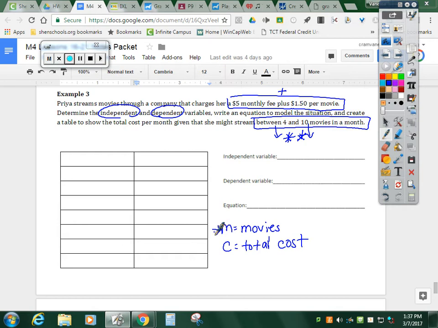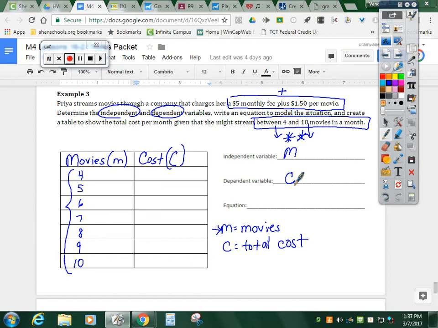Okay, they want between 4 and 10 movies. They give it to you. You don't have to think about it at all. 4, 5, 6, 7, 8, 9, 10. Okay? Now, dependent on these movies, now we can calculate our cost. So our movies are independent, our cost is dependent.